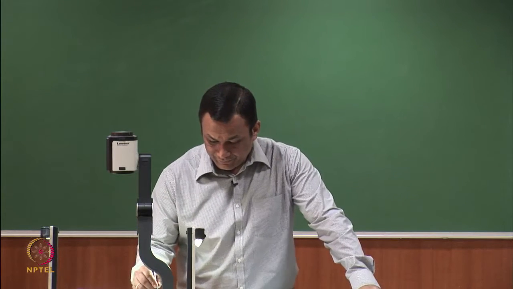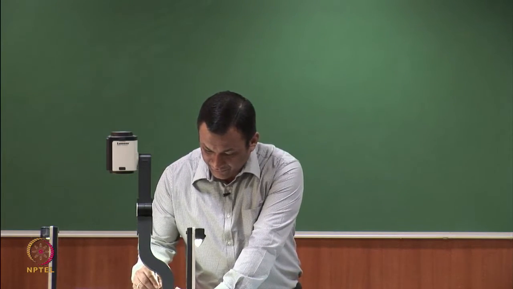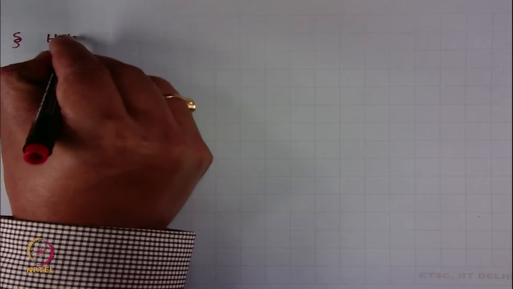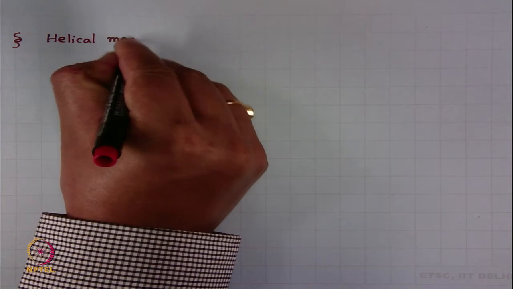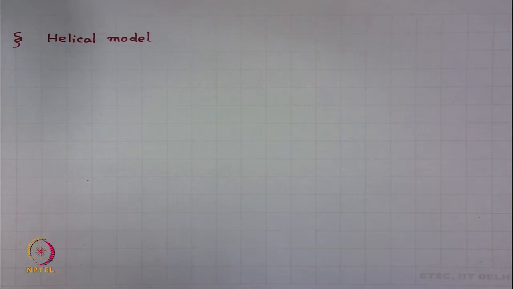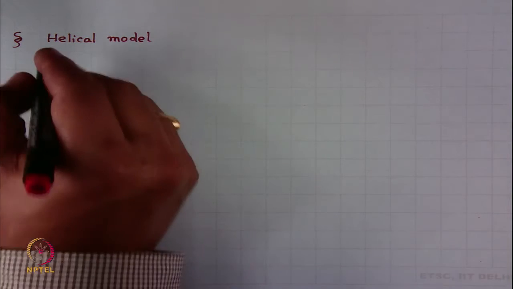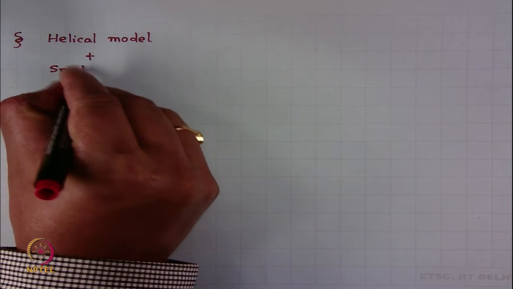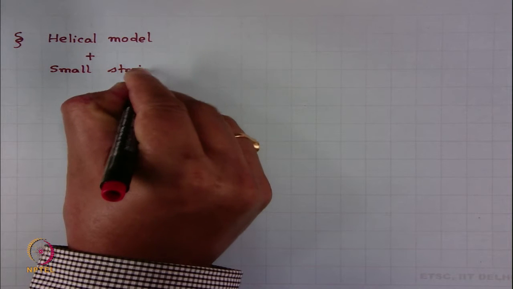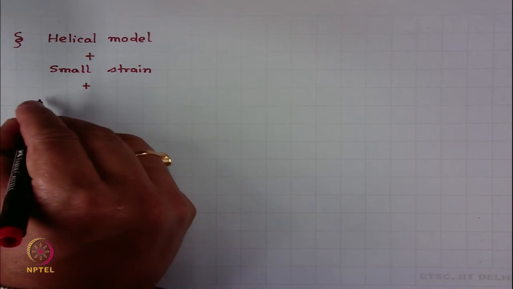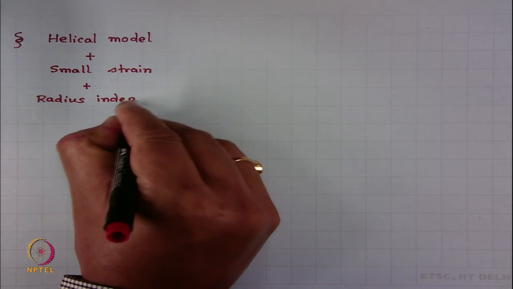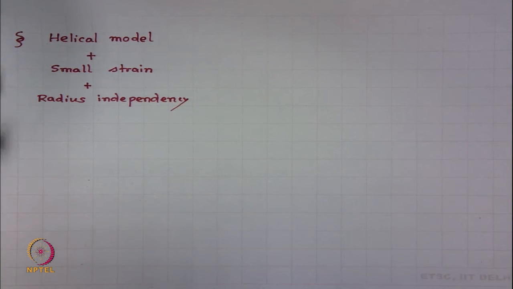So, if you remember, the first one was the helical model, and small strain, and radius independency.